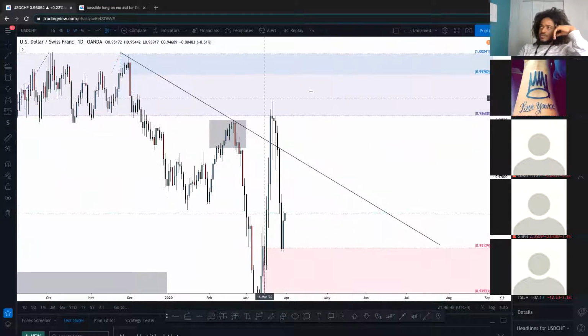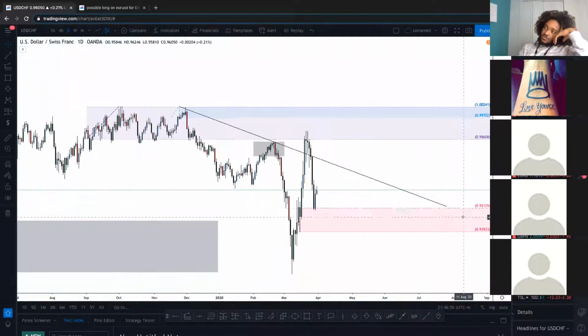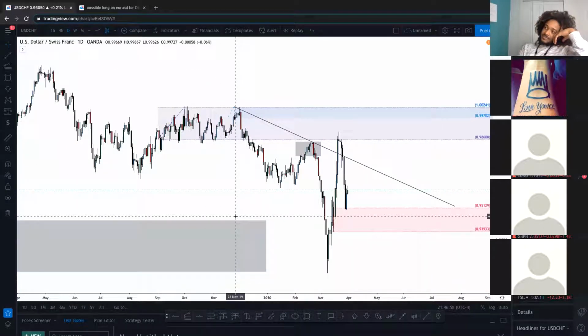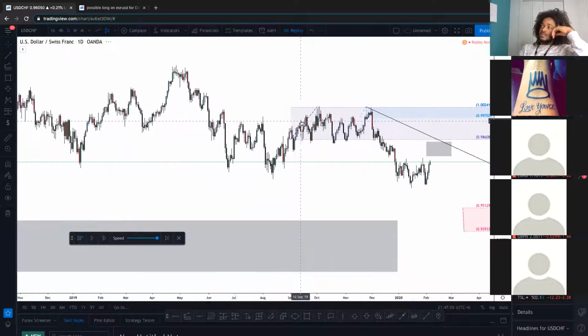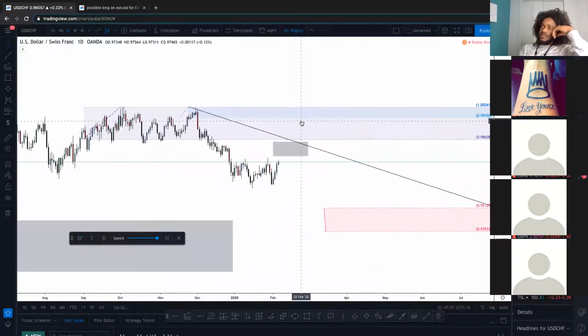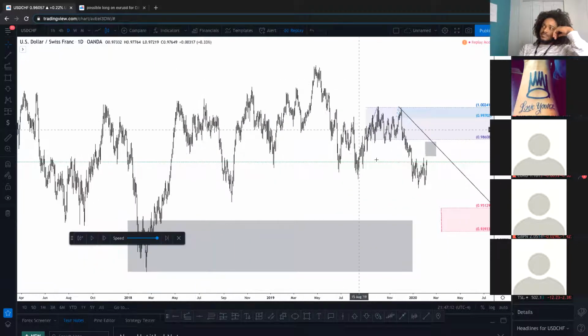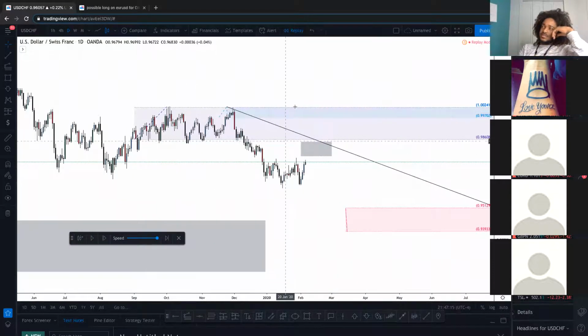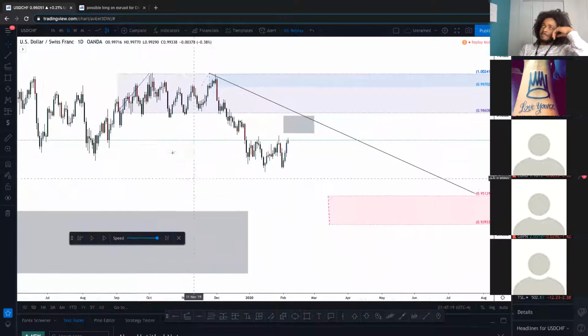So the market came up and reacted off the monthly supply that removed this monthly demand, right? So basically, price was here. Oh yeah, this could be considered monthly demand because it removed some levels here, right?